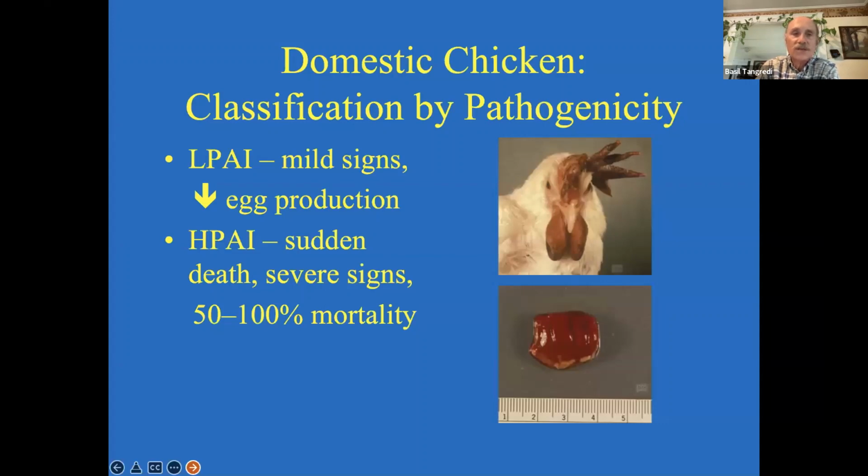Now these different manifestations of the virus, this is from one of the parts of the 8 gene segments. This has nothing to do with the envelope proteins. These are proteins that are encoded by those 8 gene segments inside the virus. And this can be sudden death. Person comes out one morning and all the chickens are dead or dying. Very severe signs, 50 to 100% mortality.